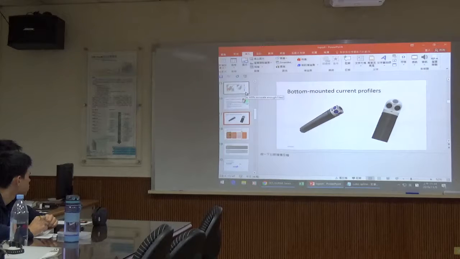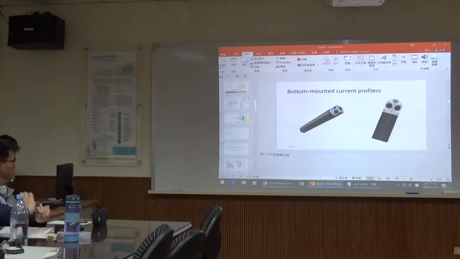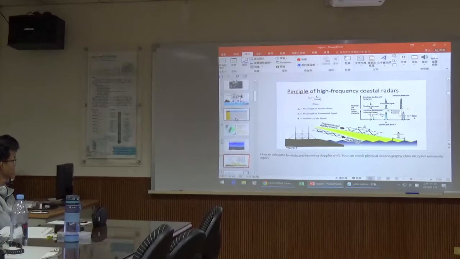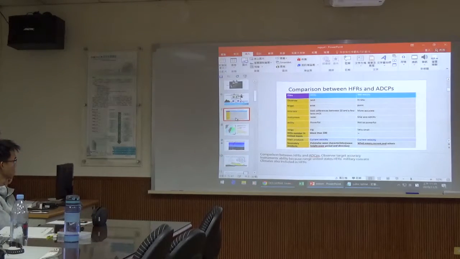I probably wouldn't show a photo like this. I would look for photos where the ADCP is mounted in the water to show how it really looks in the water. Then I will compare their pros and cons in a table like this, and the font should be larger. That would do well for the material method.